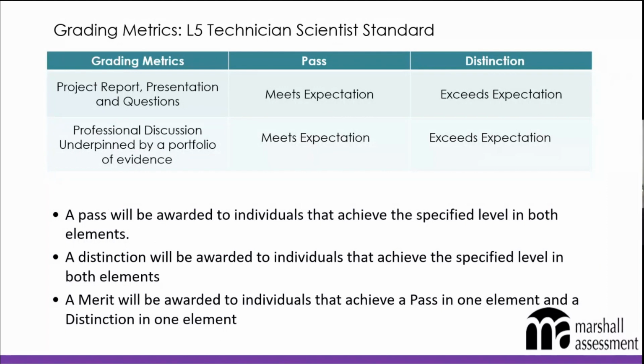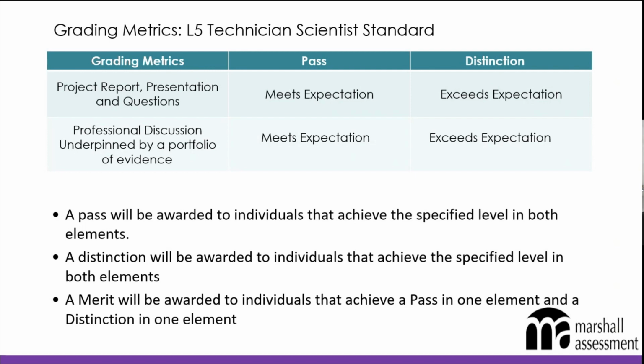So that leads us on to the overall grading for the technician scientist standard. So there are obviously two hurdles that we've been discussing, and they are equally weighted, so 50% value for each of them. In order to not fail, you need to get meets expectation in both of those hurdles.